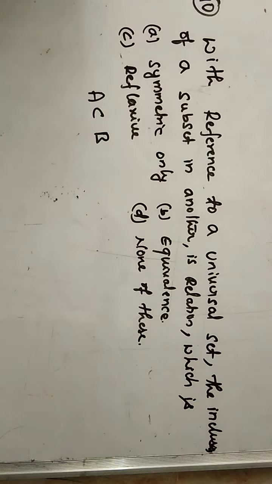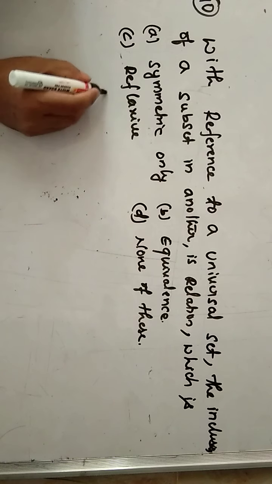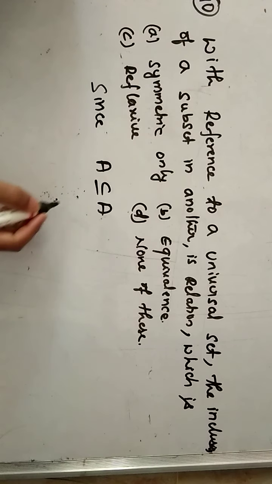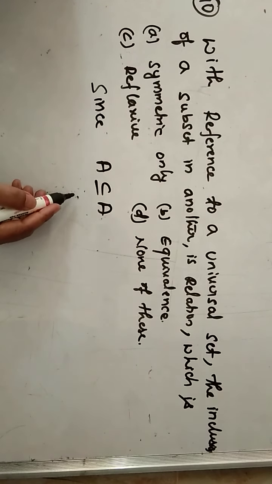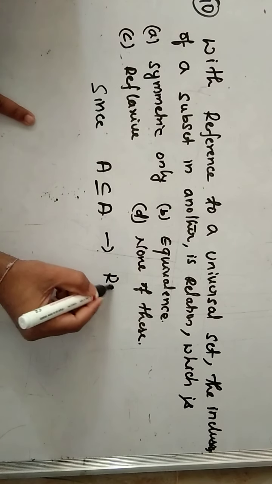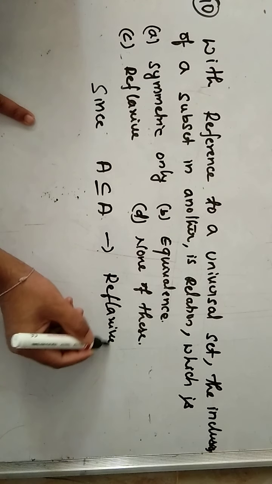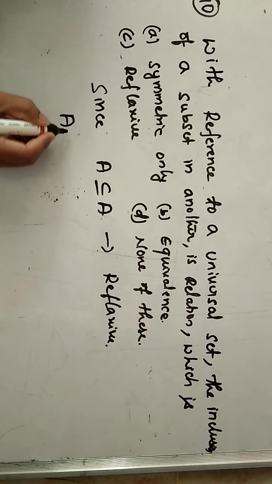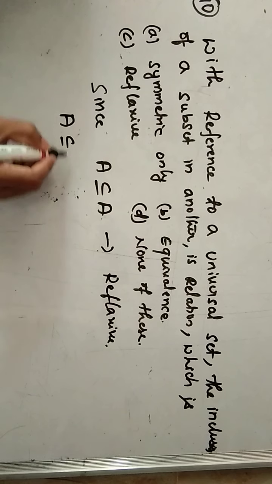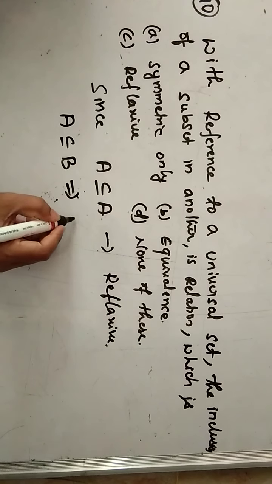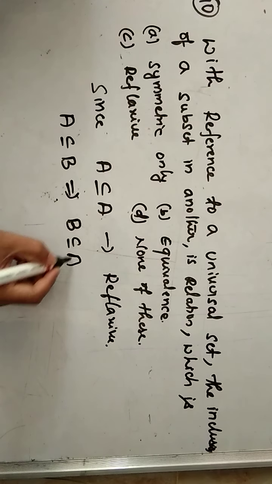Now the first one. Since A is a subset of A itself, we know that any set is a subset of itself. Hence what can we say? It is reflexive. And now I will take A is a subset of B. Does it mean that we can write B is a subset of A?